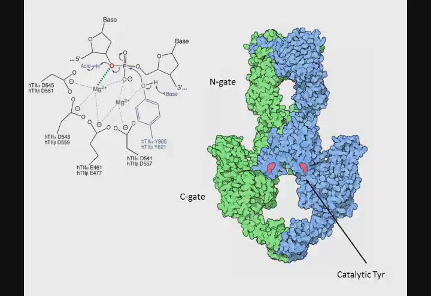They bind to magnesium ions which neutralize the phosphodiester bond between two DNA bases. And you've got to separate the DNA, so your tyrosine comes in, gets activated by a base, and breaks the phosphodiester bond. And in doing so, you make a covalent linkage, so it's a covalent tyrosine phosphate linkage.